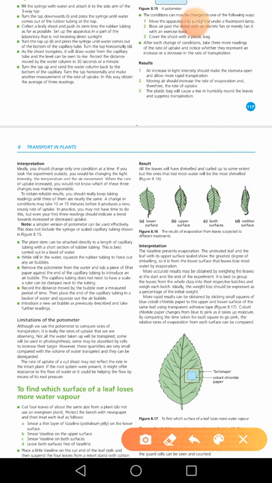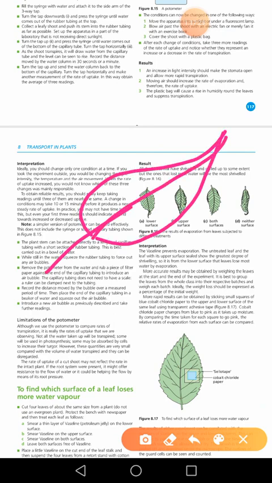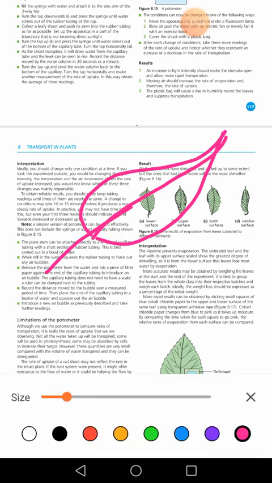So through the stomata, the water is lost to the outside as water vapor. Then here we go. These are the palisade mesophyll. These are the spongy mesophyll. Then there are air spaces between the spongy mesophyll.